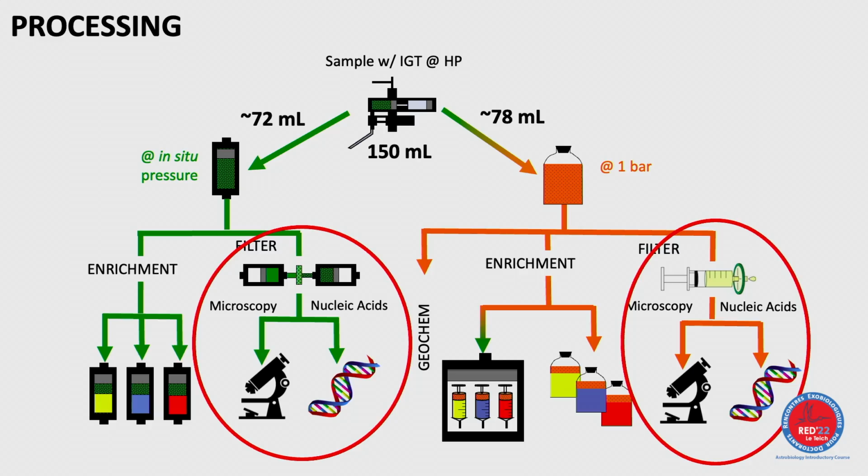The second step was to process the samples to know more about the diversity. To do that, we filter the samples to study the DNA, all the genomics. We performed some filtration under high pressure conditions and after decompression. As I showed earlier, when you decompress fast, you have an explosion of cells.